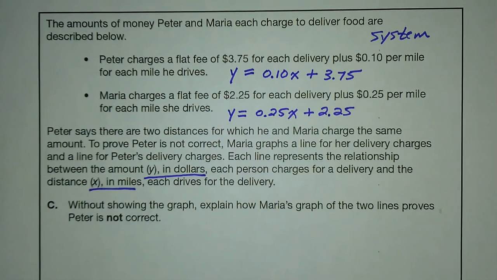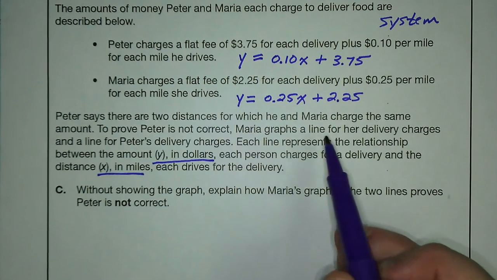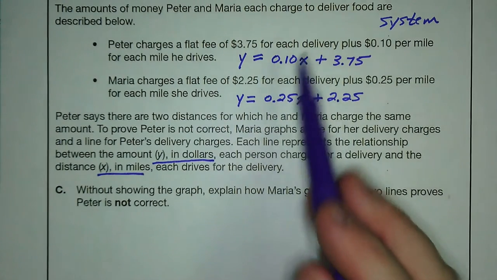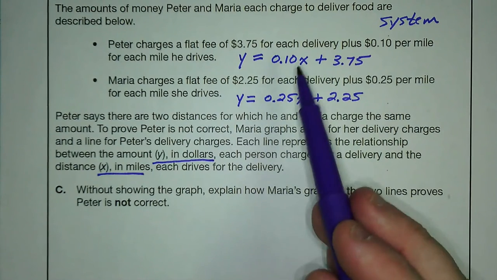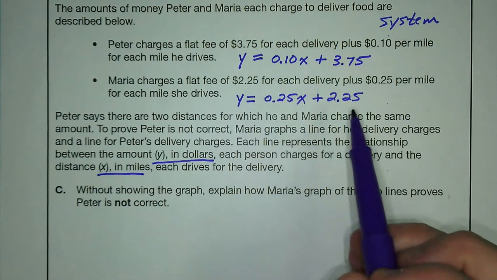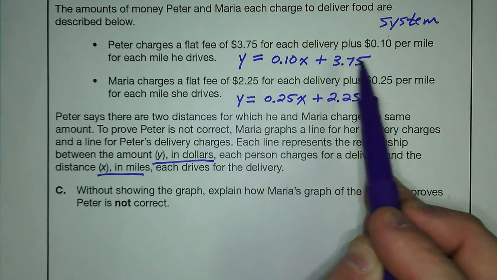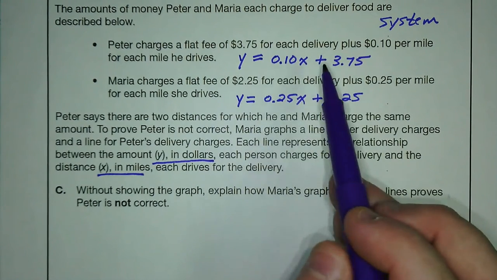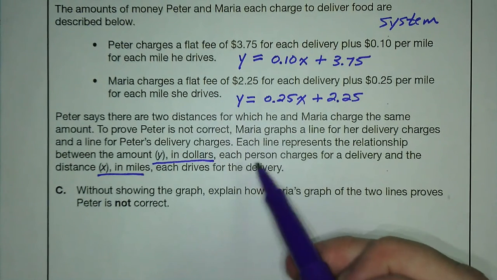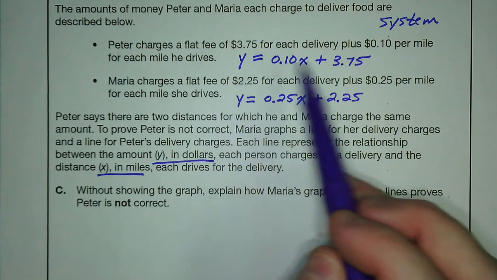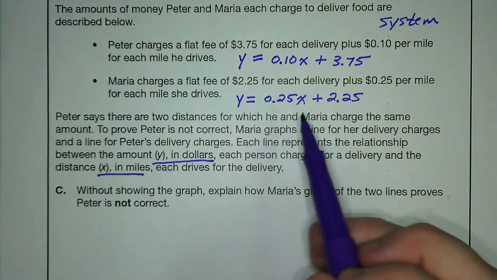Maria is talking about how, to prove Peter is not correct, Maria graphs both of these lines, and each line represents all the solutions, right? Because again, I guess I'll be thorough here. If you graphed this line, it would contain all of the solutions for Peter, all the different relationships for Peter charging, and then this line would contain all the different relationships for what Maria charges.